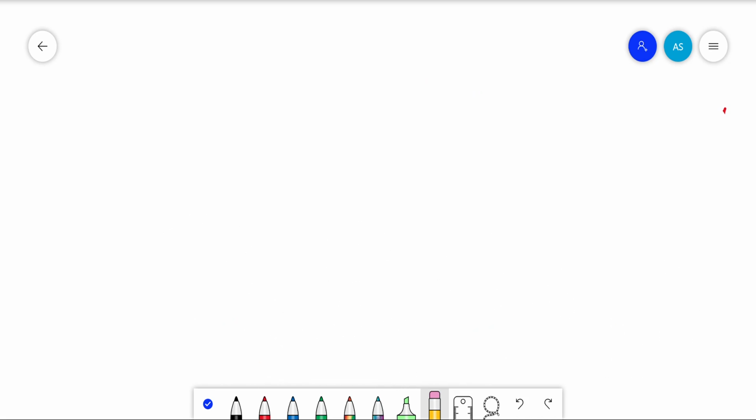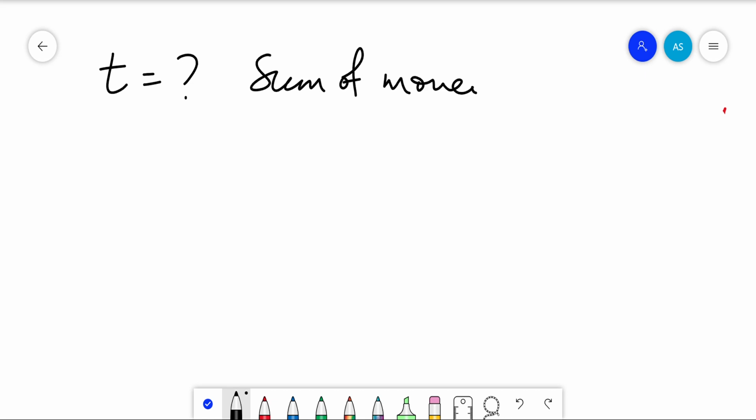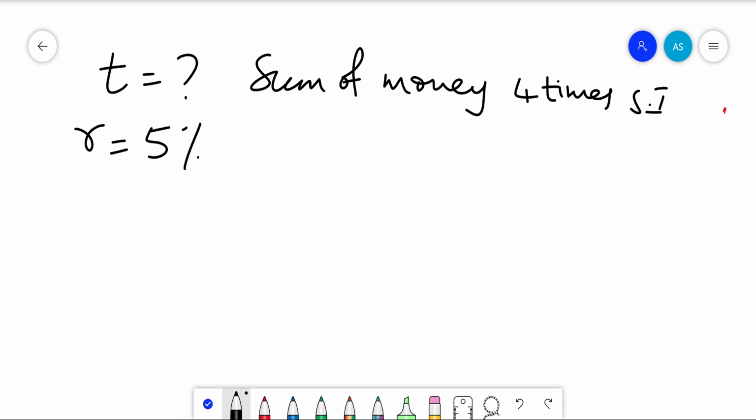Next, one more question. What is the time? If the sum of money becomes 4 times at simple interest, and the rate of interest is 5% per annum, you have to find out the time.